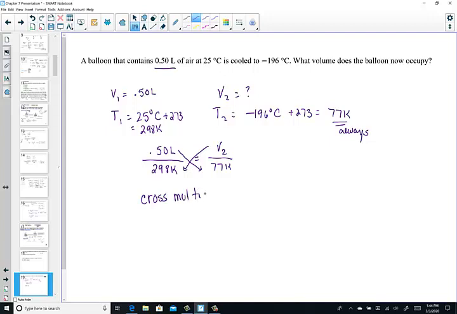When I cross multiply to solve for V2, I would have 0.50 liters times 77 Kelvin units set over 298 Kelvin units. That's our isolation of V2. Cross multiplying, always start with the side without the variable.